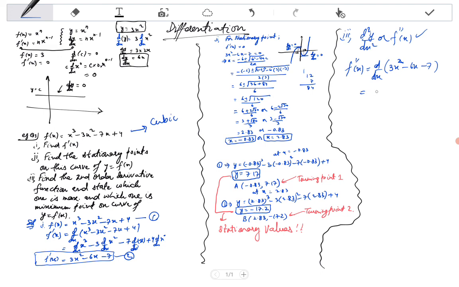How is it differentiated? The same method. The coefficient 3 is left outside, the derivative goes to x square only, then minus 6 is the coefficient, so it's left outside, d by dx is applied on x only, then minus 7 is left outside, d by dx is applied on x to the power 0, because x to the power 0 is there in the constant term. If I differentiate it, the power comes in the numerator, so this 0 is multiplied with these things, and it will make it 0, so you can ignore this term.